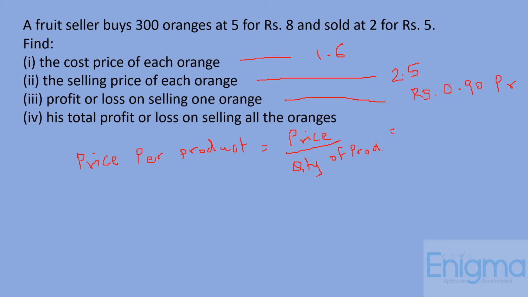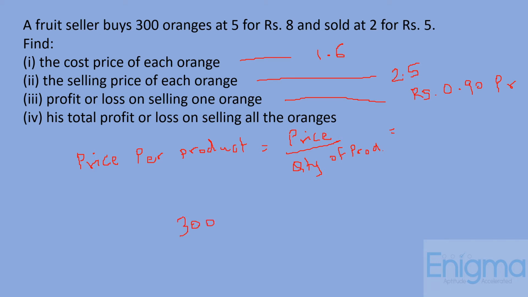Now what is the total profit or loss on selling all the oranges? Total profit कितने का हो रहा है? 270. Correct? Everyone agrees. Everyone has understood why it is 270. पर ऑरेंज 0.9 का प्रॉफिट हो रहा है. टोटल ऑरेंजेस 300 है.